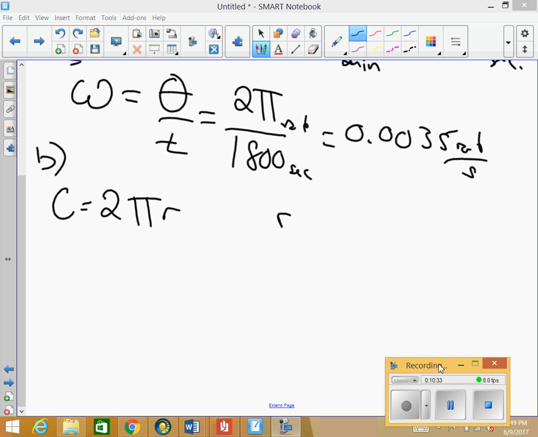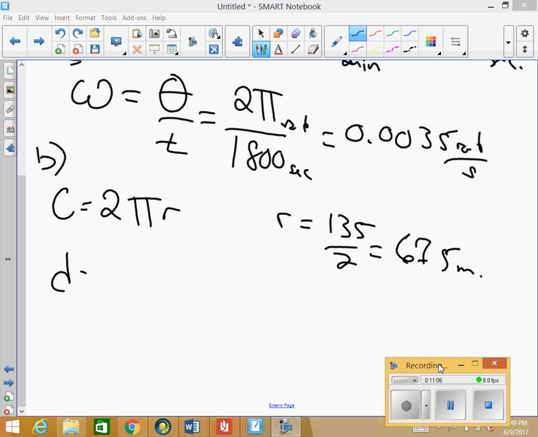We're given the diameter in the question at 135 meters, so 135 divided by 2 is our r, and that is 67.5 meters. So that's my r. This is just one time around, 2 pi r, but I have a fraction of that, and the fraction is it only went for 18 minutes.